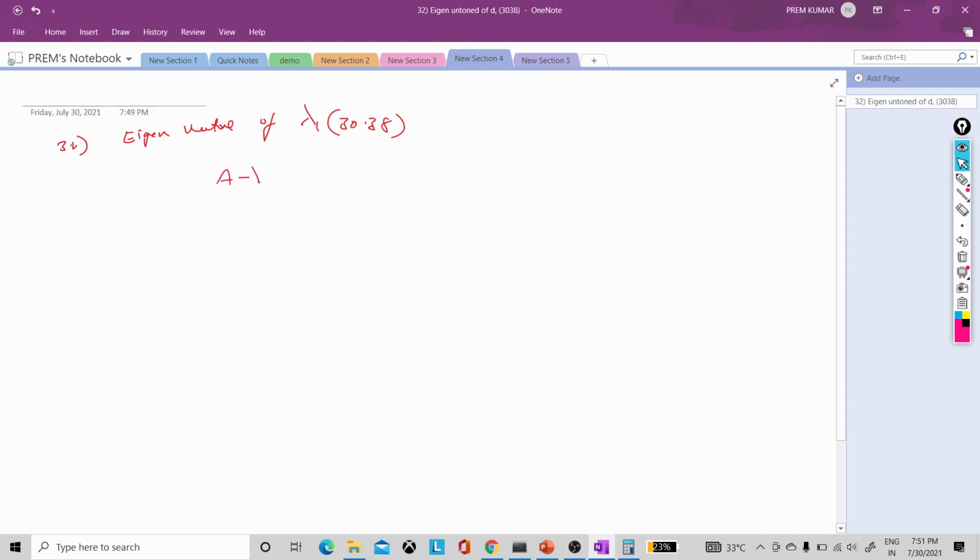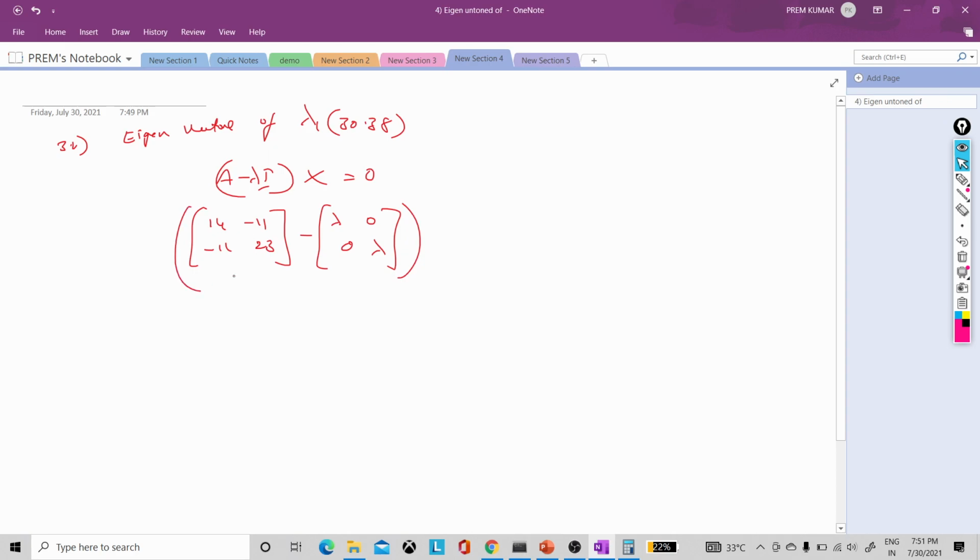So (A minus lambda I) multiplied with x is equal to 0. So A means 14, minus 11, 23, minus lambda I means lambda 0, 0 lambda, and x means x1 and x2, equal to 0.